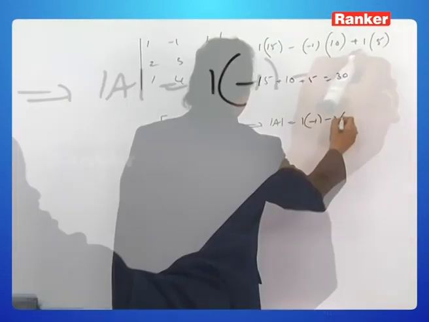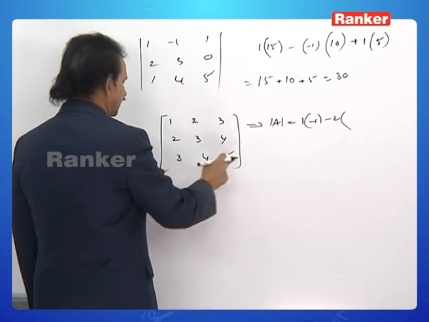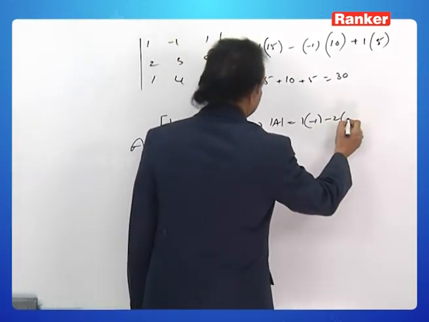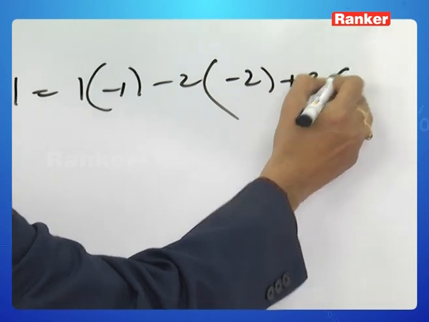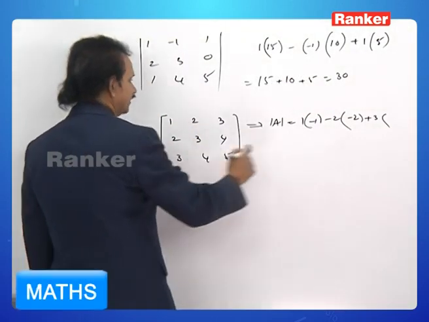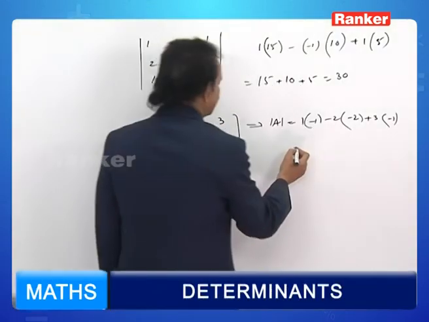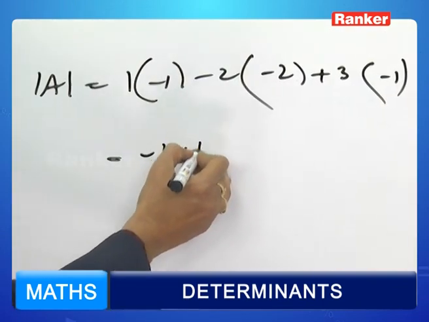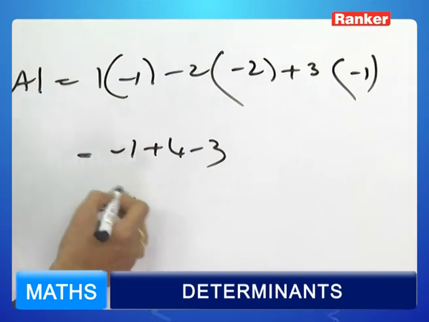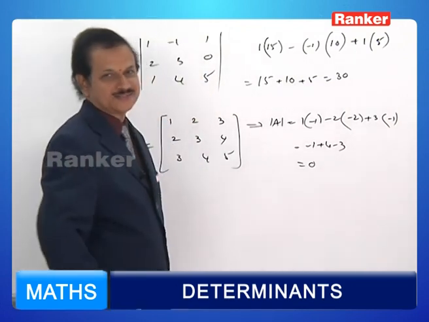Minus 1. Minus 2 into 10 minus 12. Minus 2. Plus 3 into 8 minus 9. Minus 1. This is minus 1 plus 4 minus 3. What is it becoming? It is 0.